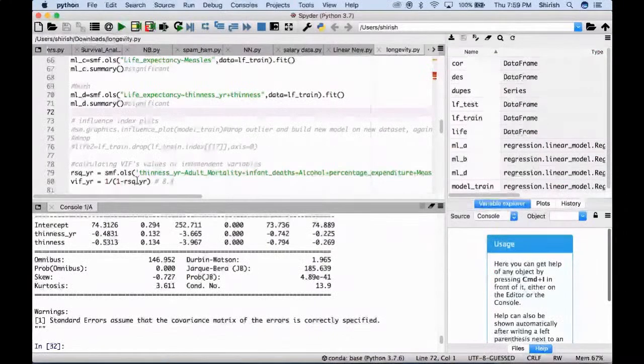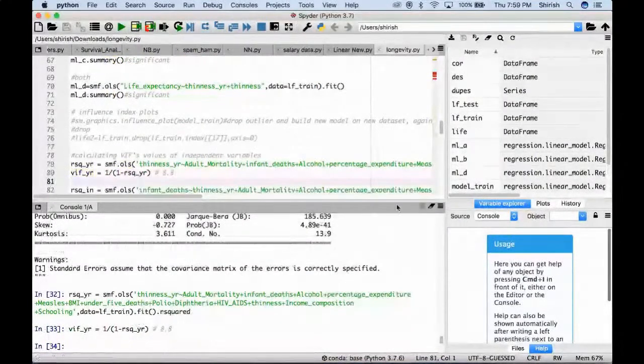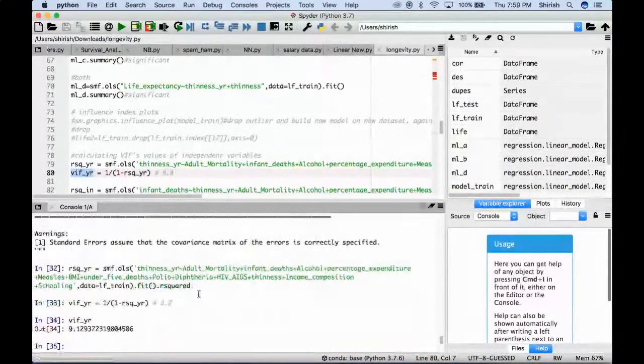here, I'm just trying to find out for thinness, taking this as output for the independent variable and taking all other input variables. I got this VIF value as 8.8. Okay, it is 9.1. So what do I do?